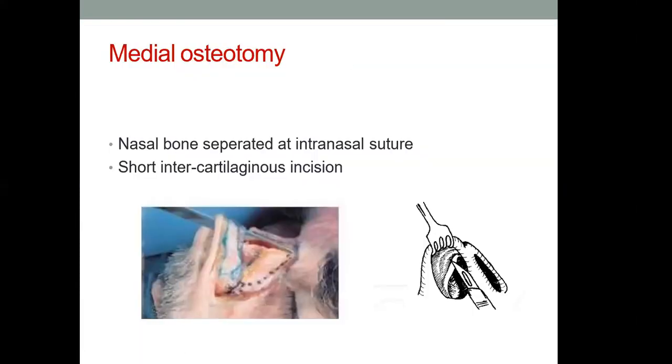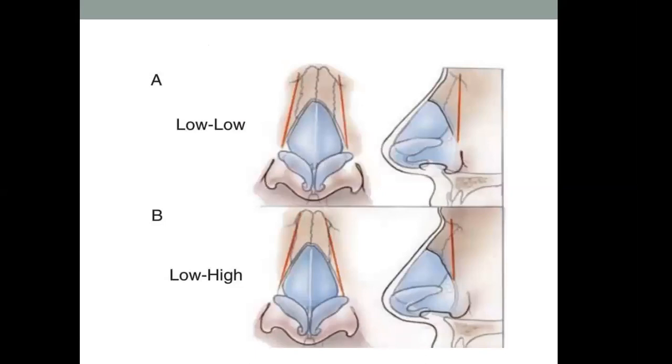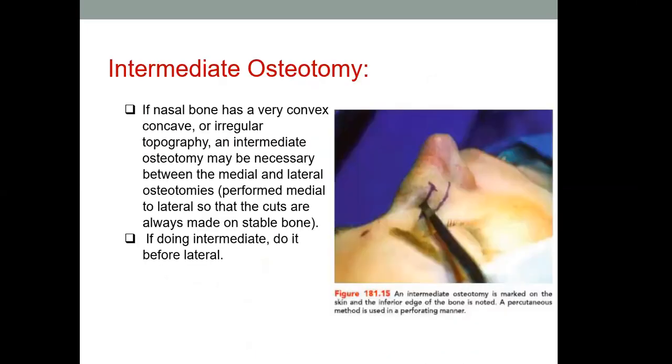Medial osteotomy, the nasal bone is separated at the internasal suture through a short intercartilaginous incision. Lateral osteotomy, we have types of lateral osteotomy: low to low, low lateral, or low-high lateral osteotomy.